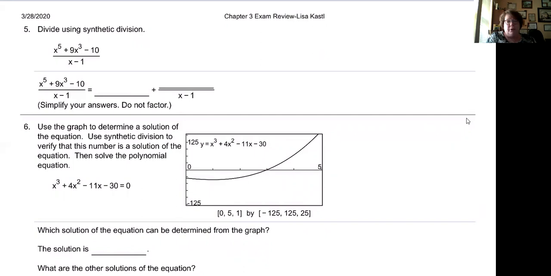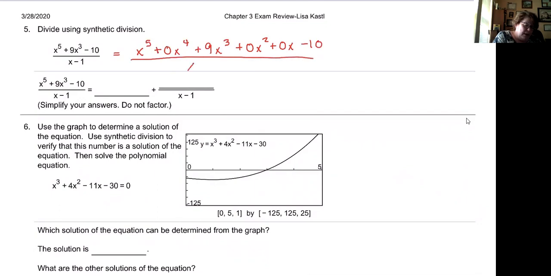The x to the 4th term is missing, the x squared term is missing, and the x term is missing. So I do need to rewrite this. So I'm going to write this as x to the 5th plus 0x to the 4th plus 9x to the 3rd plus 0x squared plus 0x minus 10 divided by x minus 1.